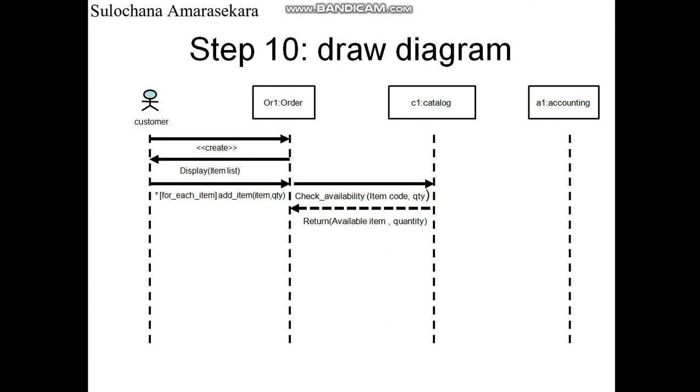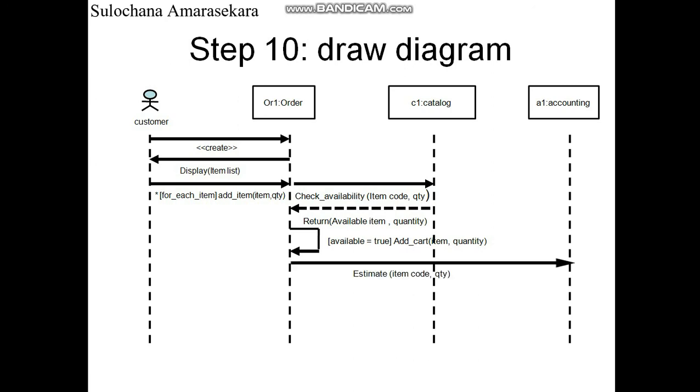Then it returns a response. I use a dotted arrow here. After that, the add cart self reference message. You can see the condition within box brackets. After that, the order class sends the estimate message to the accounting class. Next, it responds. Then those details are sent to the customer.